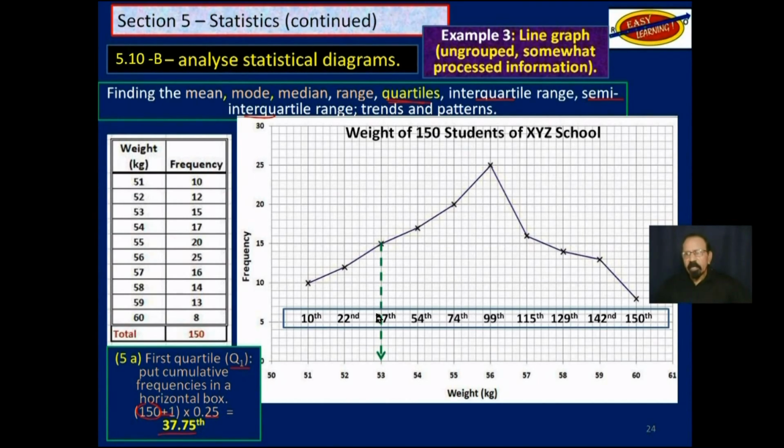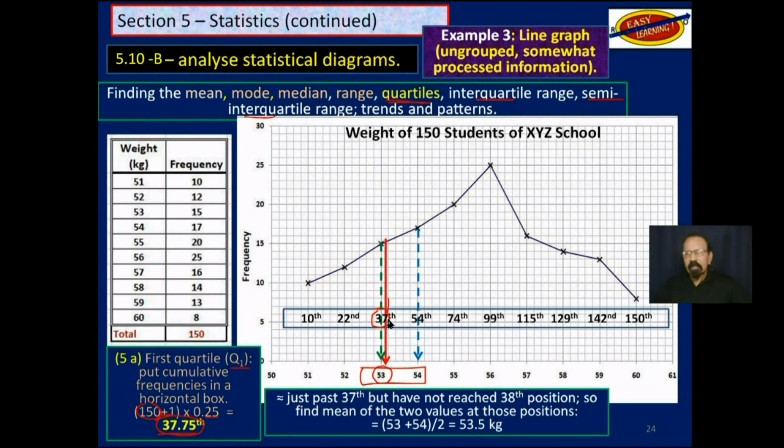Why? Because by the time you finish counting all the 53s, you have finished with the 37th position. If you start counting 54, you have moved over into the 38th position. But we want a position between 37 and 38. So obviously, we will add these two and divide by 2, because we are not going anywhere near the 54.